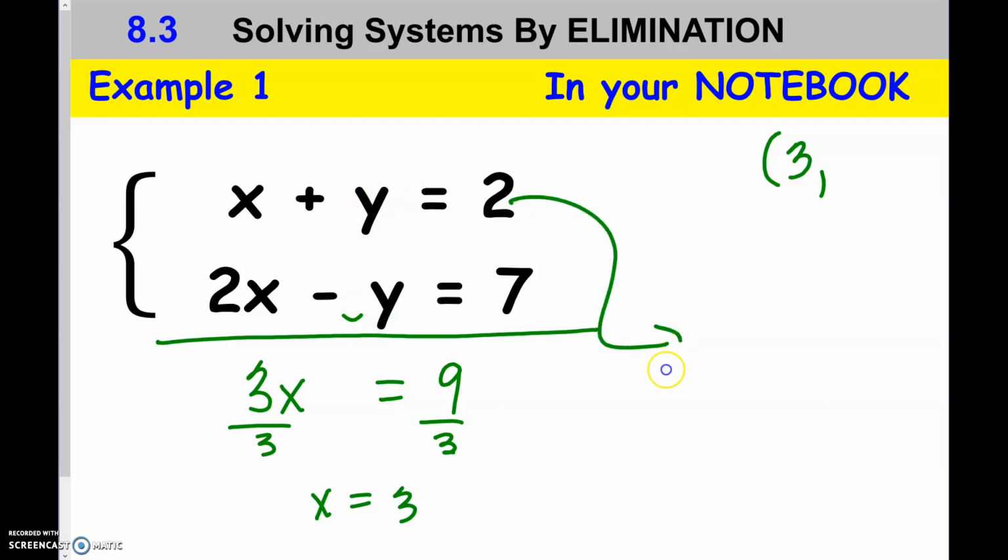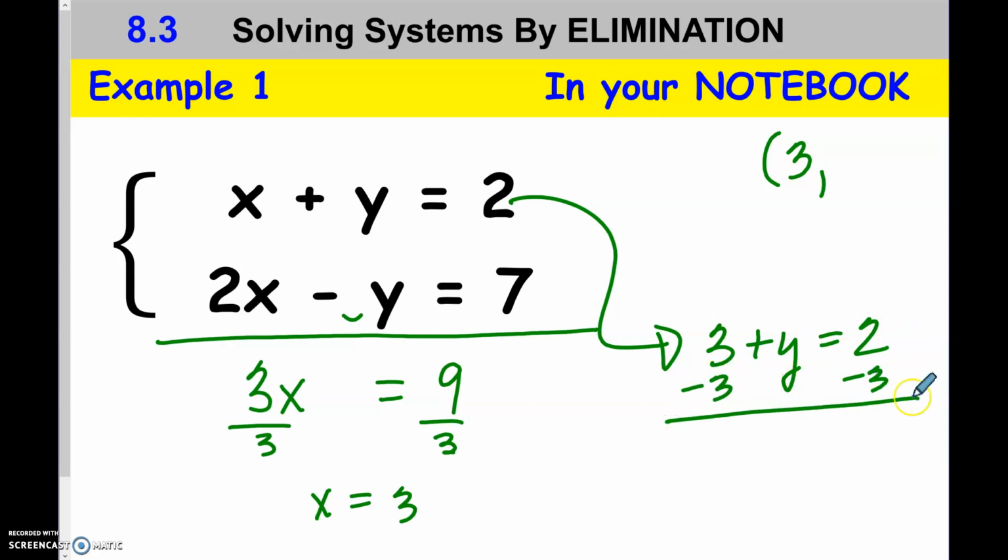If I plug it into the first one, I have 3 plus y equals 2. Now you can see we have to get y by itself. This is why we spent so much time solving equations. So these are going to cancel out, and y equals 2 minus 3, which is negative 1. So our solution here is 3 comma negative 1.